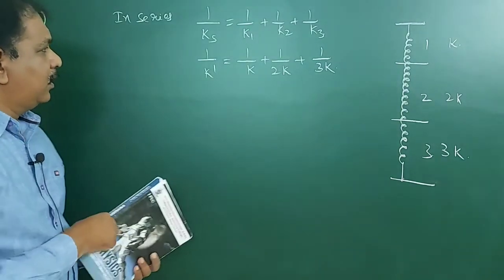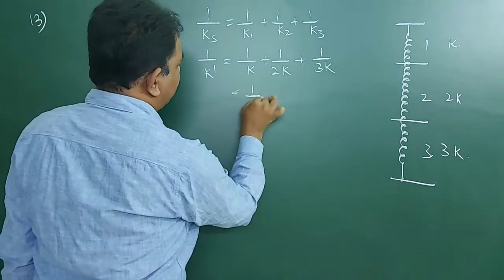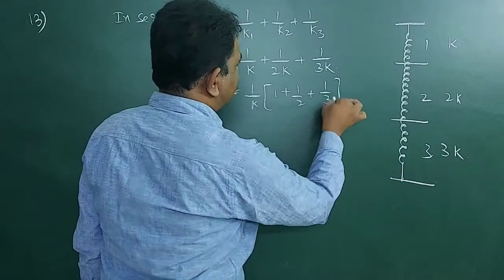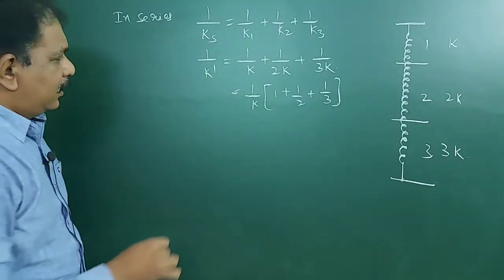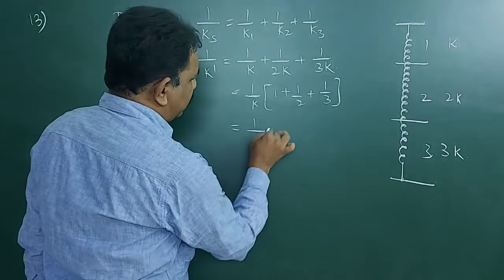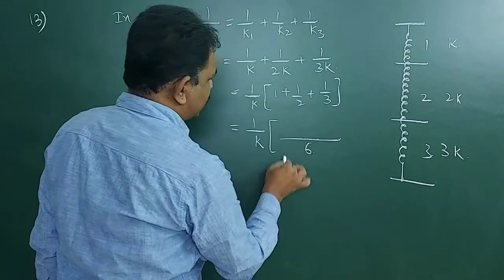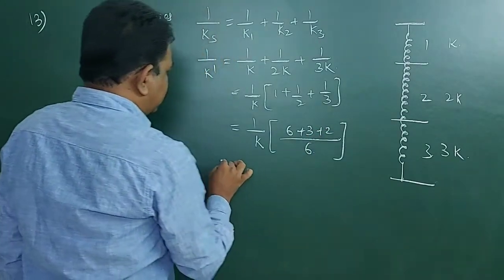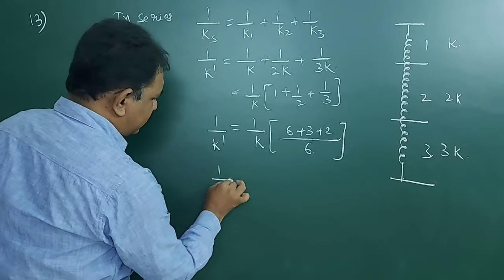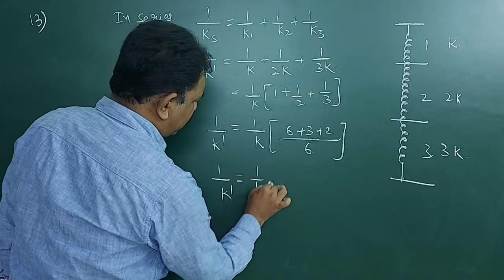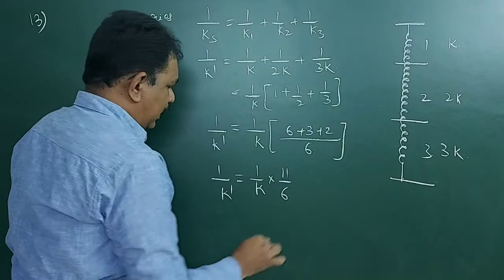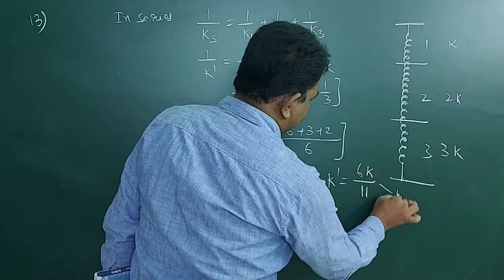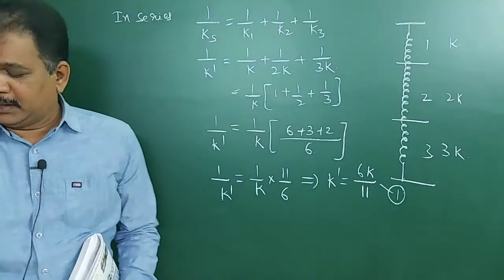This is 1 by k into 1 plus 1 by 2 plus 1 by 3. Then 1 by k into, this will be 6, here 6, here 3, here 2. So 1 by k dash is equal to 1 by k into 11 by 6. K dash is equal to 6k by 11 when they are in series.